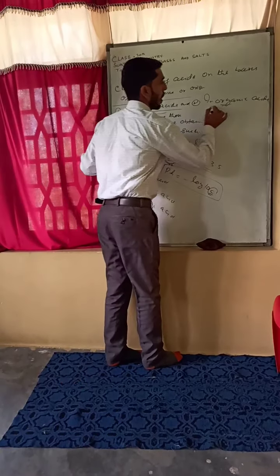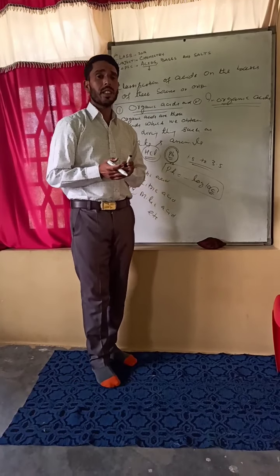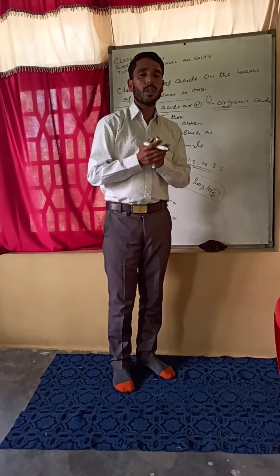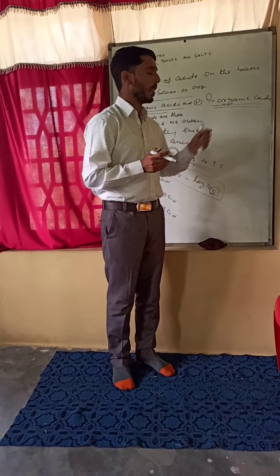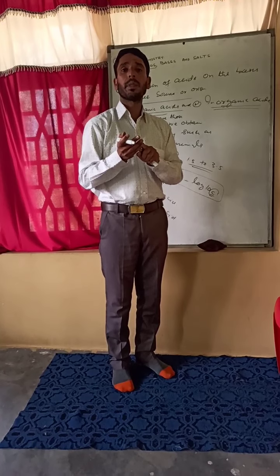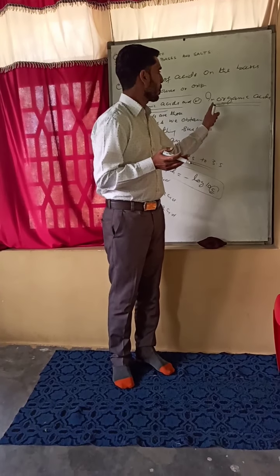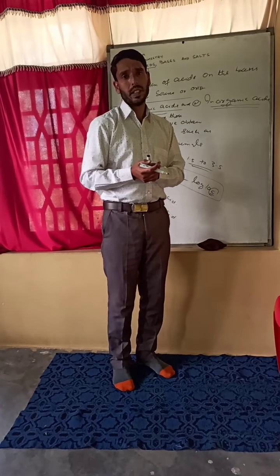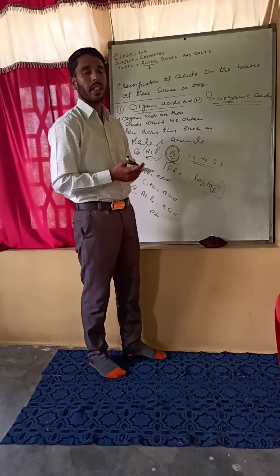Now we will talk about inorganic acids. What are inorganic acids? Inorganic acids are the opposite of organic acids. You write this down: inorganic acids are those acids which we usually obtain from non-living things like rocks, minerals, earth, and sometimes we prepare these inorganic acids in the laboratory also. Clear? And these are much more dangerous as compared to organic acids.